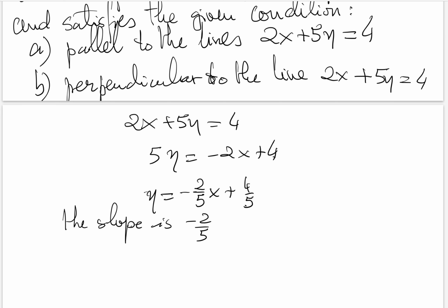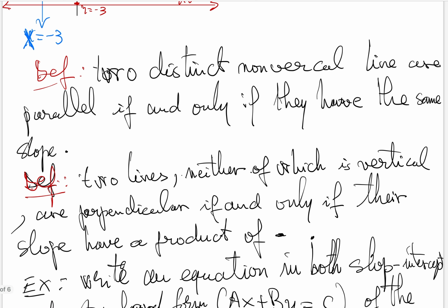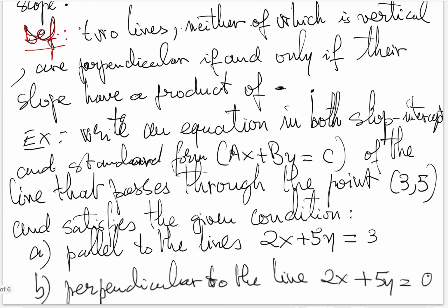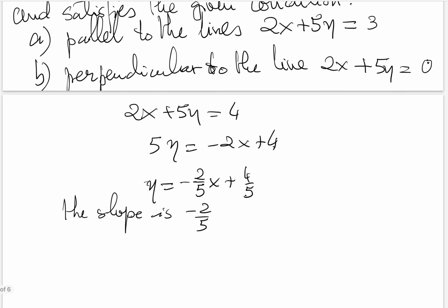Same thing will apply to the next one. That line and this line are parallel. No matter what they look like, even if here you have 3 and here you have 0, the slope will be the same. Got it? Remember, by definition, if they have the same slope, then the two lines are parallel.